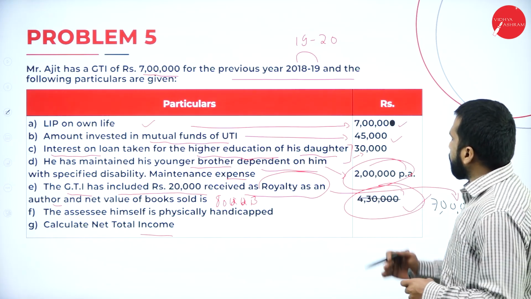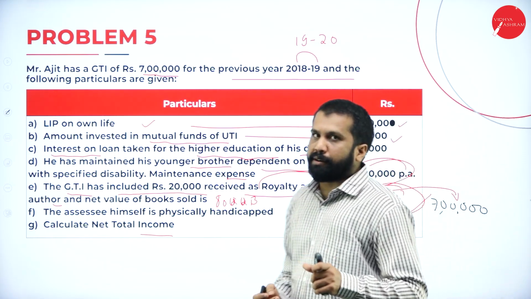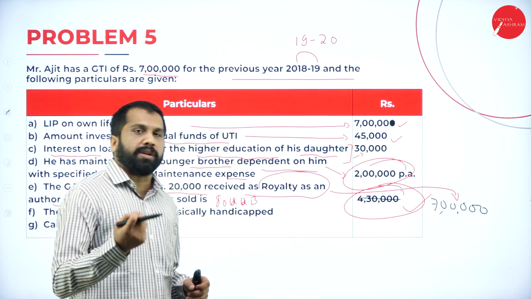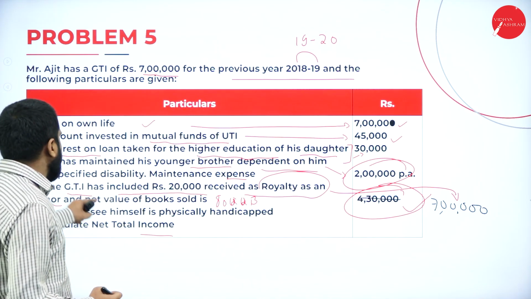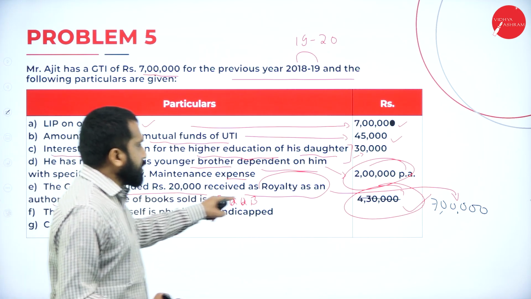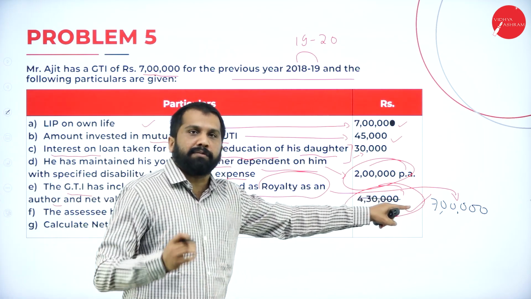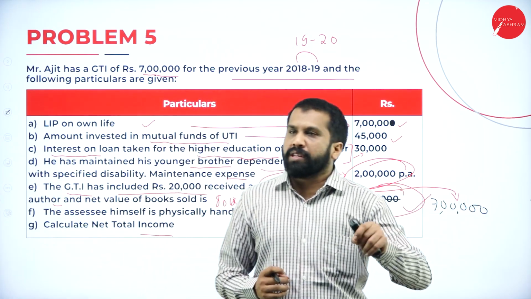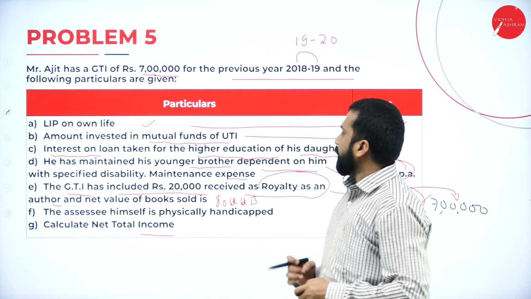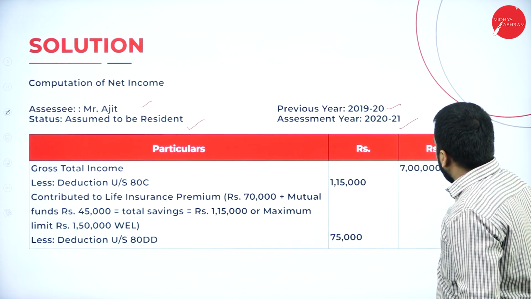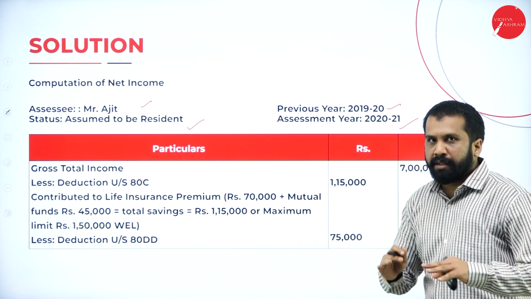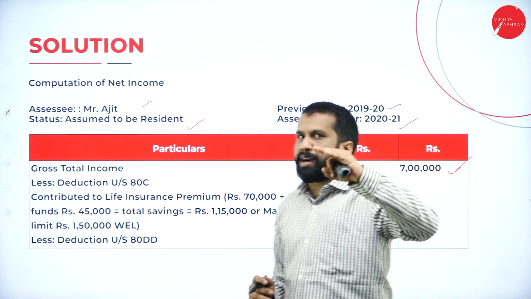Now what we are supposed to do, we have to start our problem with gross total income. What is your gross total income now? Your gross total income is 7 lakh. We should start our problem with amount of rupees 7 lakh. Hope it is done. Now we have to minus 1 by 1.